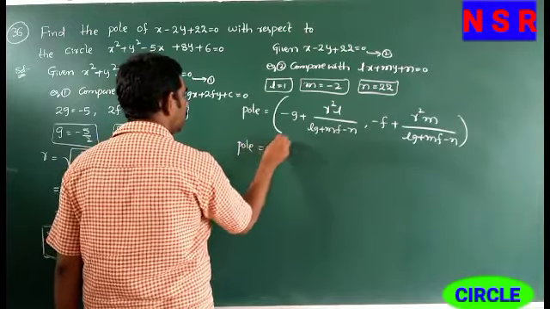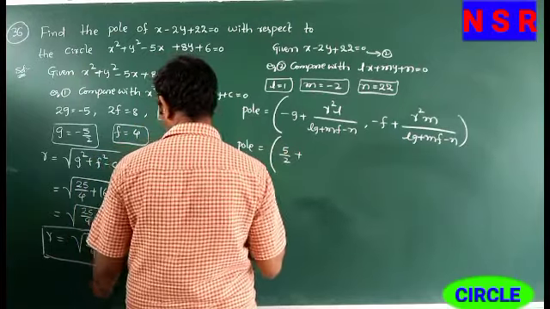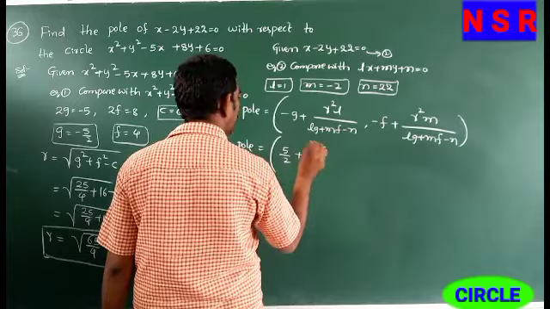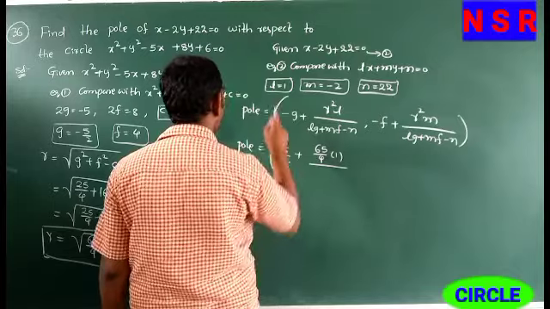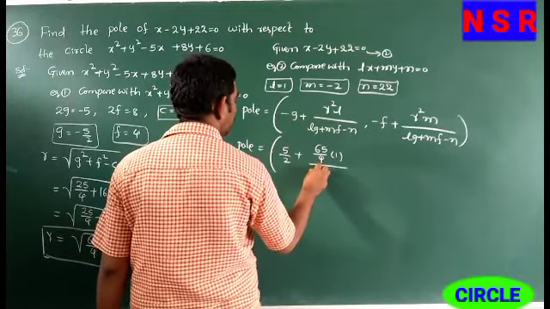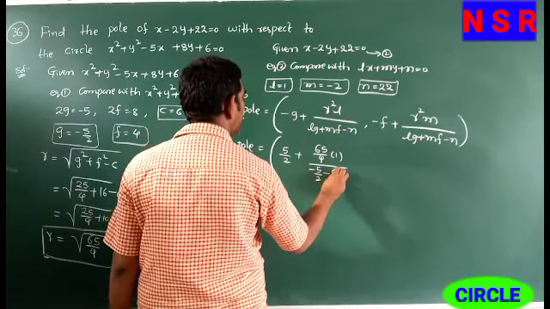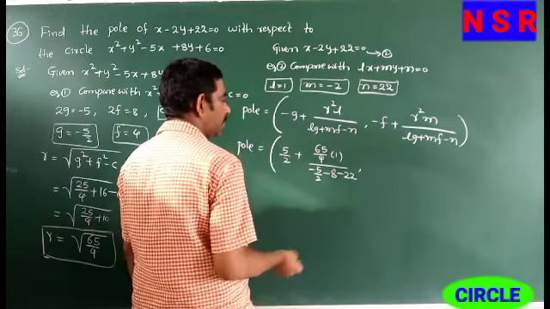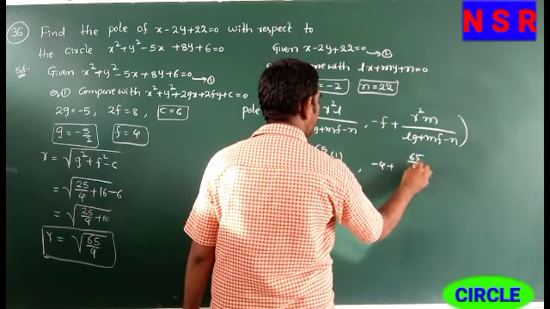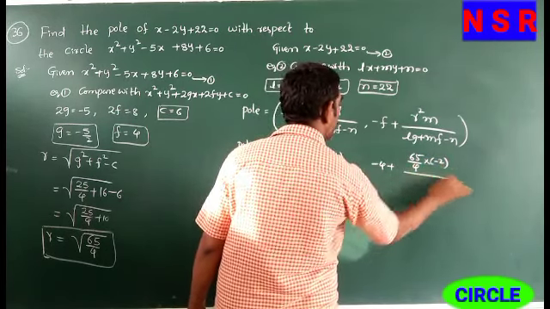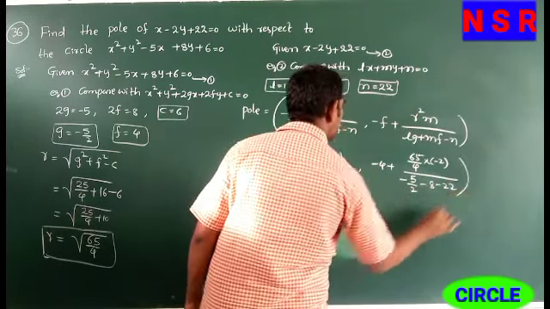Now the pole is equal to minus of minus 5 by 2 plus r square 65 by 4 into L, that is 1, by Lg, 1 into minus 5 by 2, plus m into f, minus 2 into 4, minus 8 minus 22, comma minus f, minus 4, plus 65 by 4 into minus 2 by Lg plus mf minus n, minus 5 by 2 minus 8 minus 22.